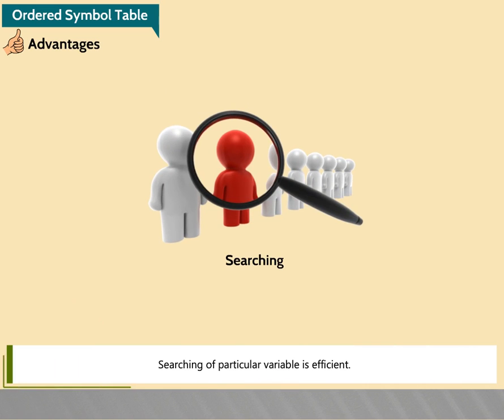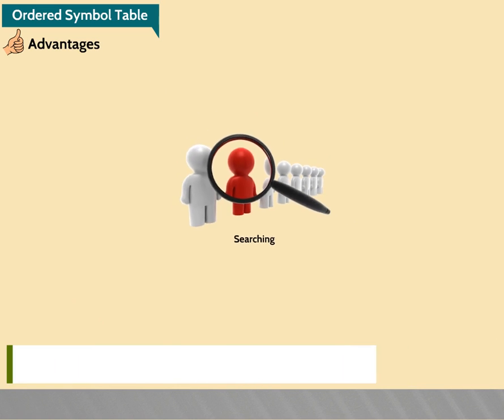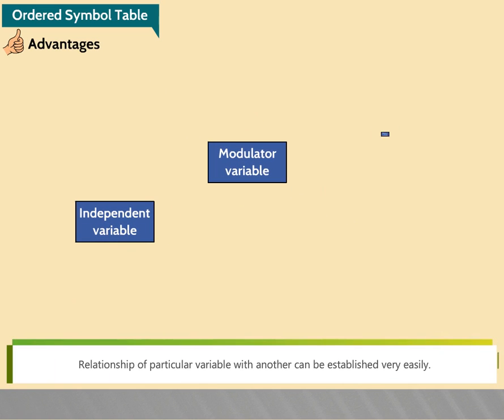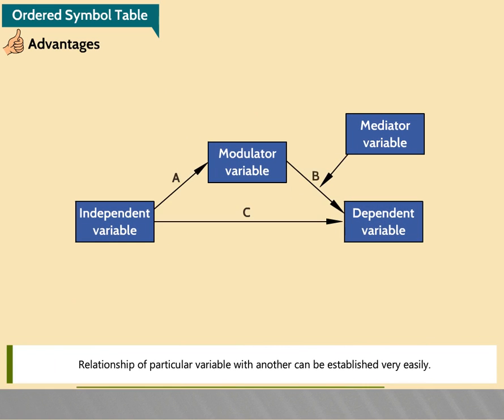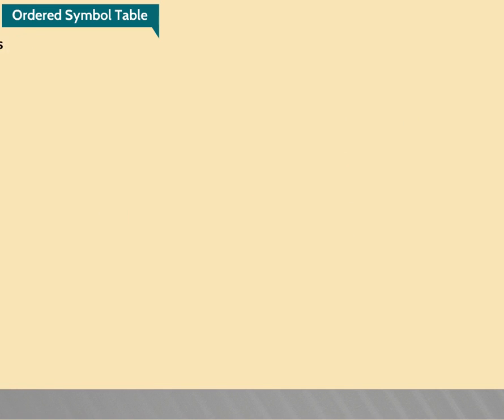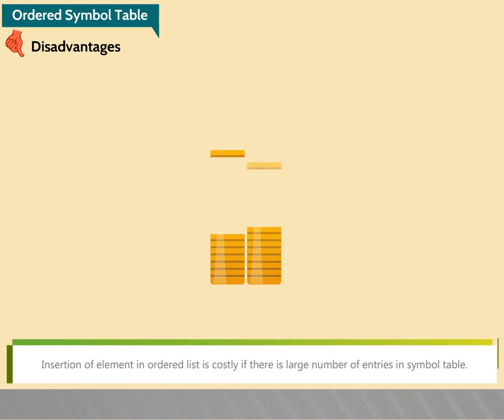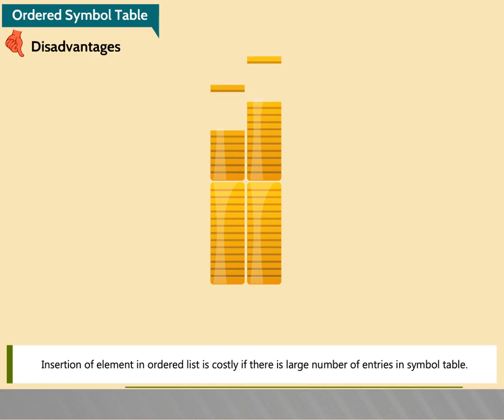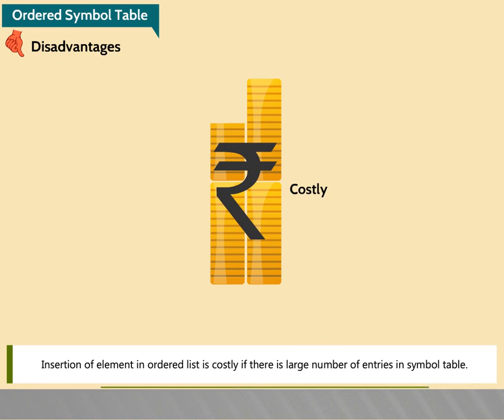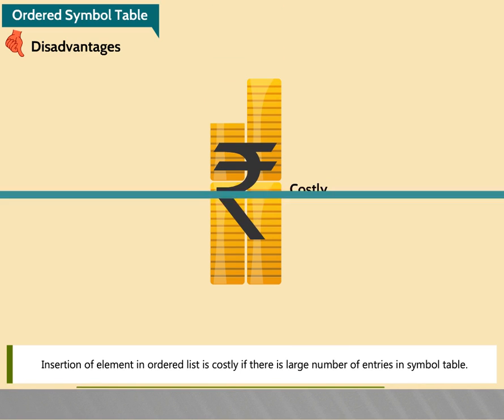Searching of particular variables is efficient. Relationship of particular variable with another can be established very easily. Disadvantages. Insertion of element in ordered list is costly if there is large number of entries in symbol table.